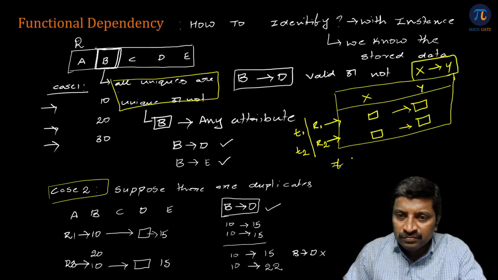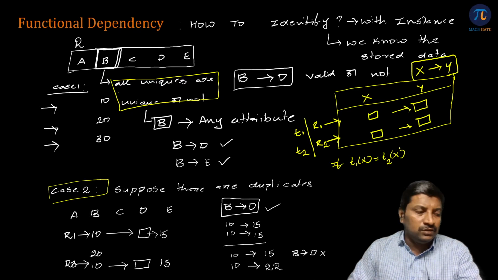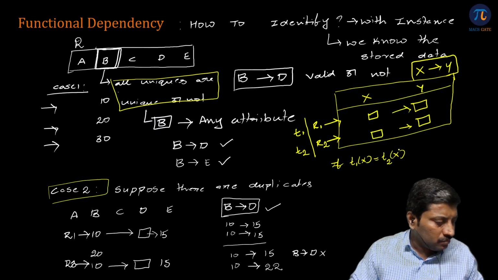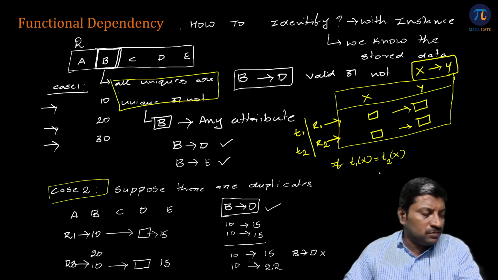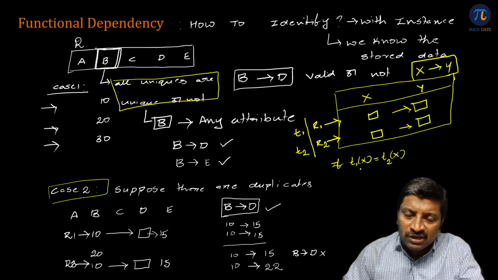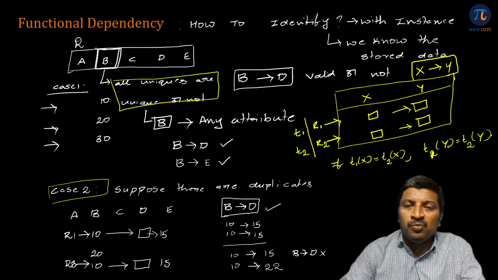If T1 of X is equal to T2 of X, then I need to have T1 of Y equal to T2 of Y. Hope you understood it.